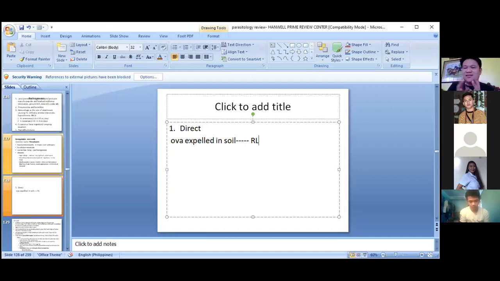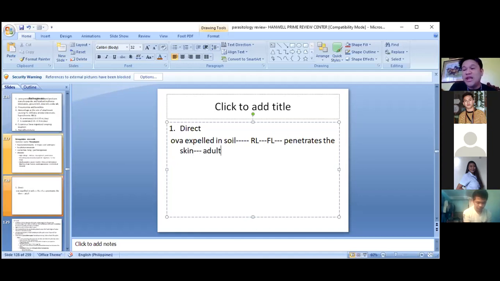Naintindihan? Di ba? The ova undergoes embryonation, 2 to 4 weeks. Tapos magka-hatch yan. Lalabas ngayon yung rhabditiform larva in the soil. Correct? The rhabditiform larva becomes a filariform larva. And take note, what is the infective stage? The filariform larva. So the filariform larva penetrates the skin of the host to become an adult. Okay?